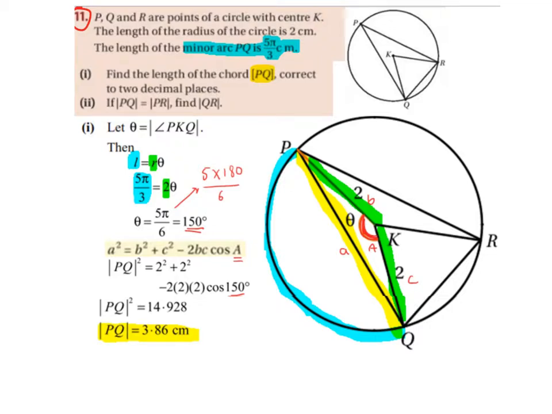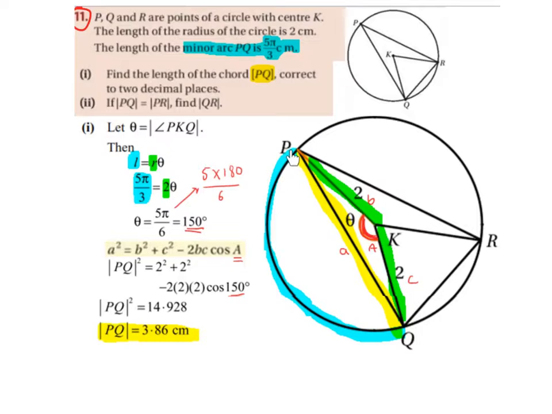So now that we have our angle in degrees, we can substitute that into the cosine rule to find PQ. The cosine rule is a squared equals b squared plus c squared minus 2bc cos of A. So we're going to label up our triangle.